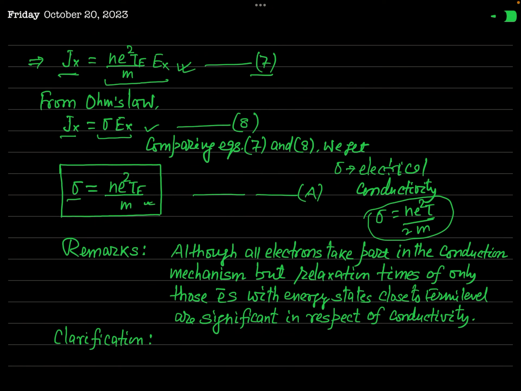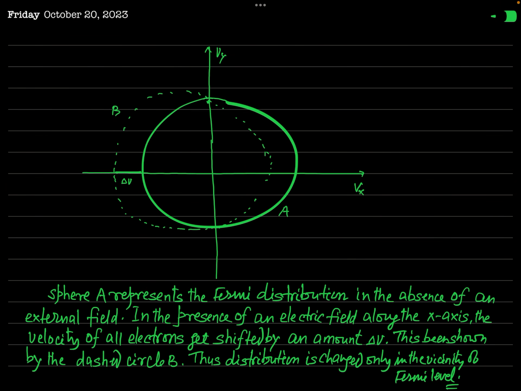This becomes clear if one looks at this figure. In this figure you can see the sphere denoted by the full circle, that is the sphere A. It has been represented by a circle, but it is a sphere. The sphere A represents the Fermi distribution in the absence of an electric field, that is, the Fermi distribution when E is equal to 0.